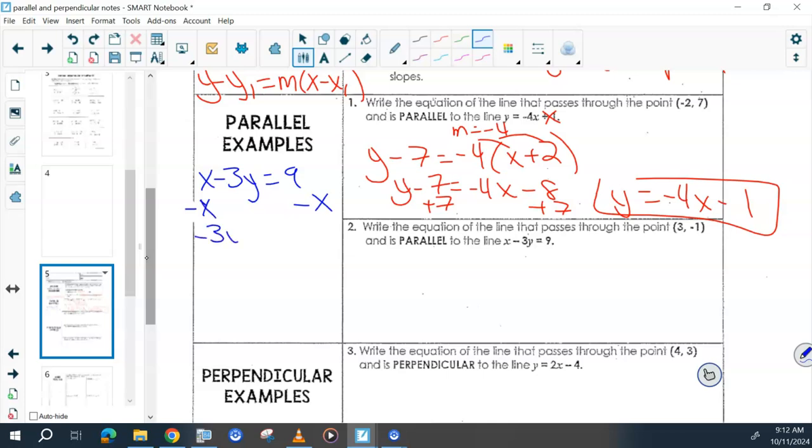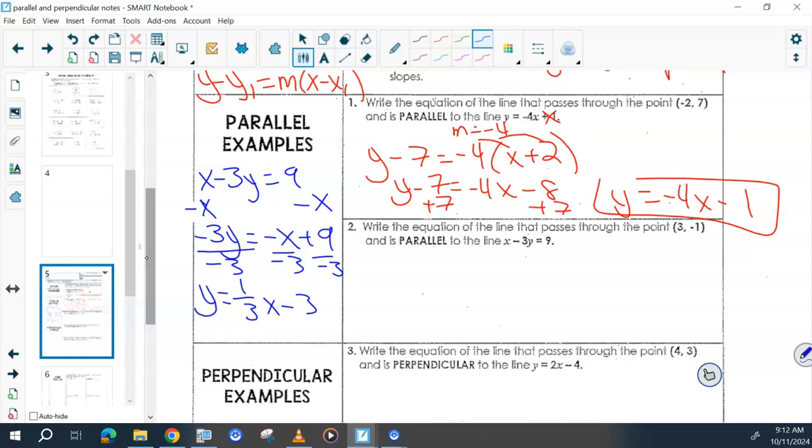So we have -3y equals -x plus 9. And divide everything by -3. So we get positive 1/3 x minus 3.